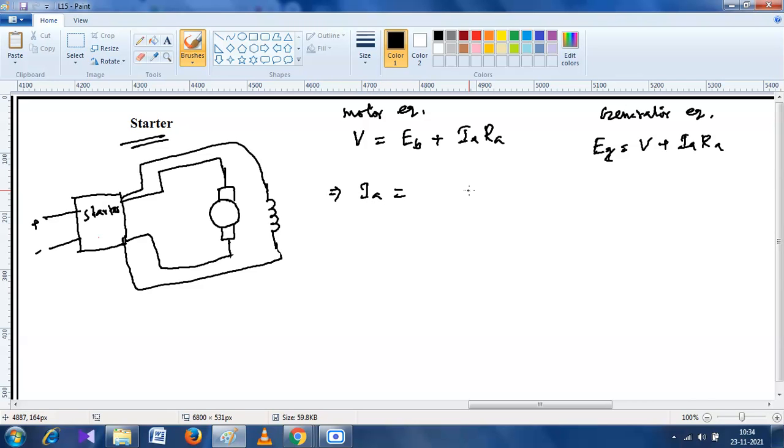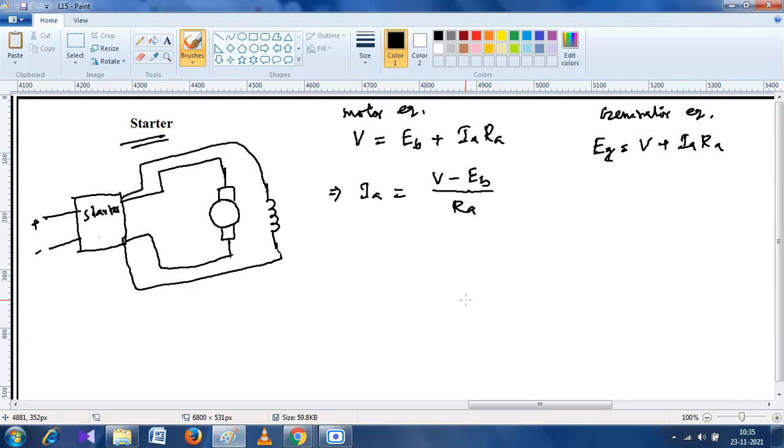From the motor equation, tell me the value of Ia. V minus Eb by Ra. This is the equation of armature current.